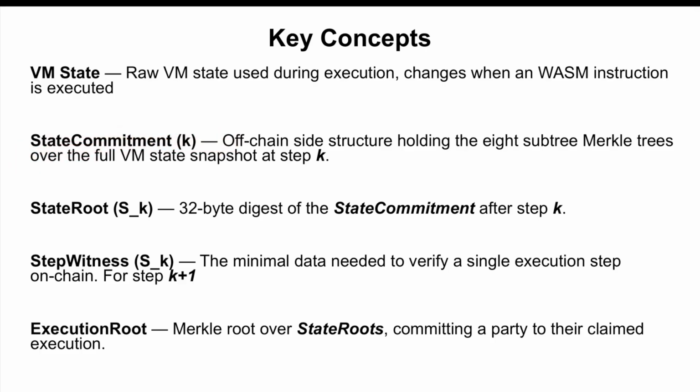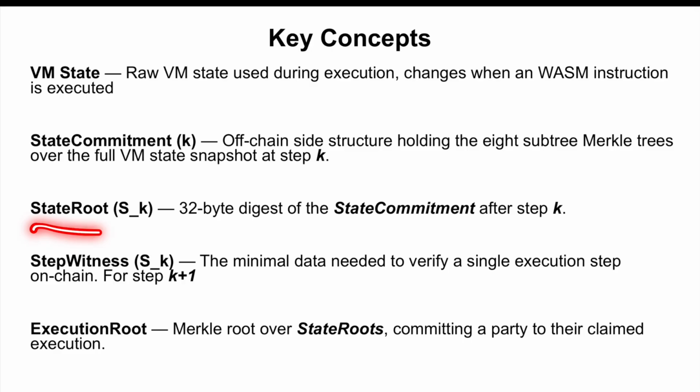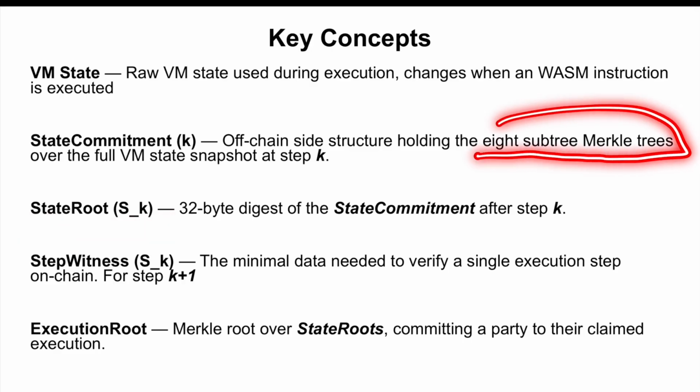State commitment is an off-chain side structure holding 8 subtrees over the VM state snapshot. So basically this is just a snapshot of the VM state, and this snapshot has 8 Merkle trees in it.